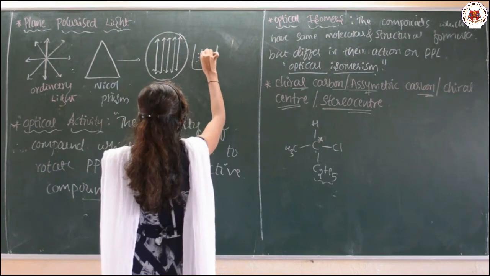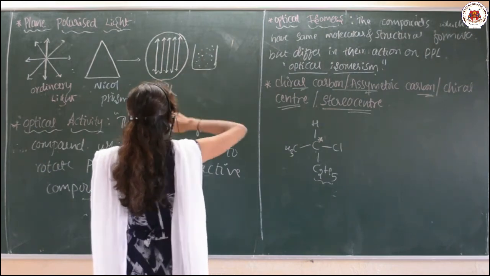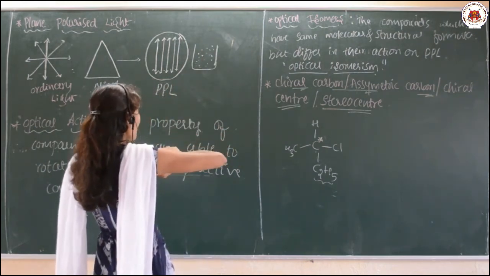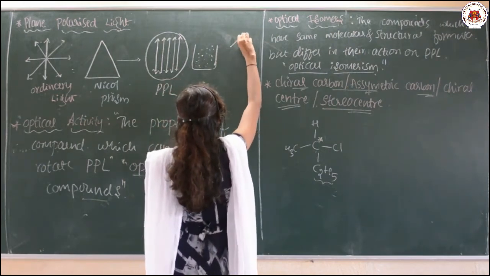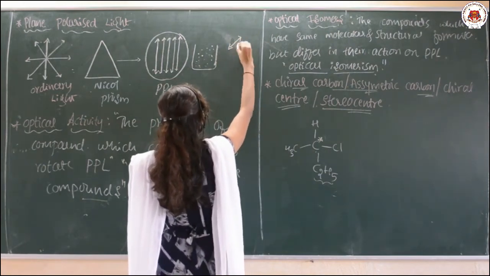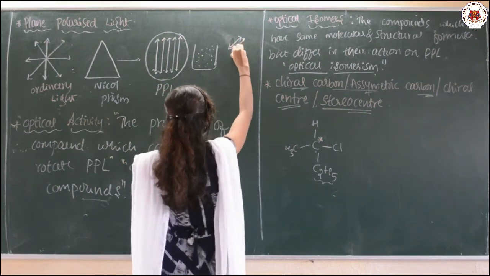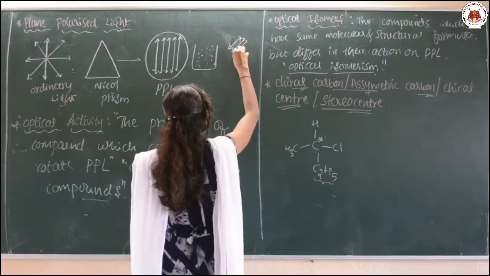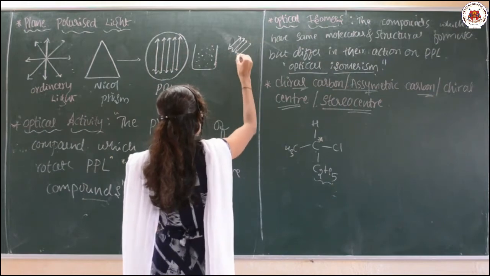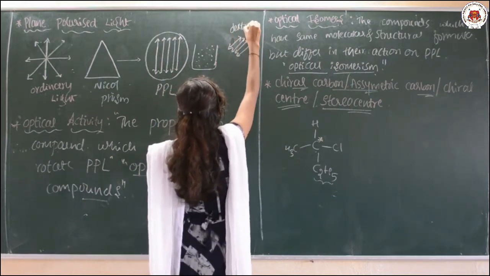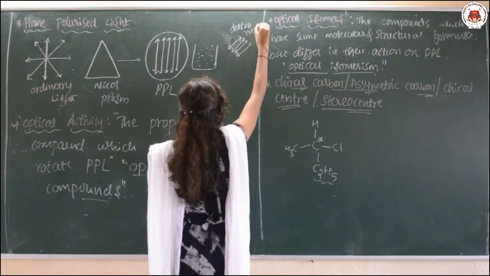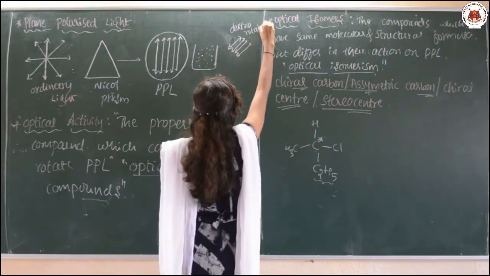Suppose this optically active compound rotates the plane polarized light towards the right side, which means the clockwise direction. These are called dextrorotatory.